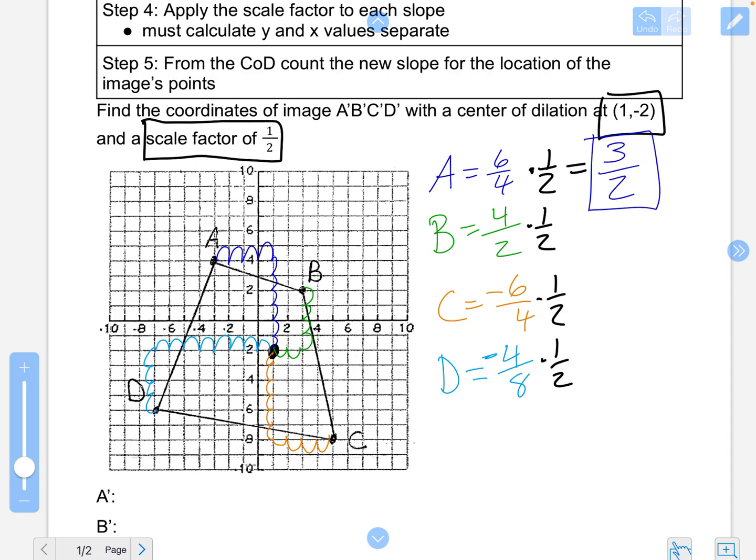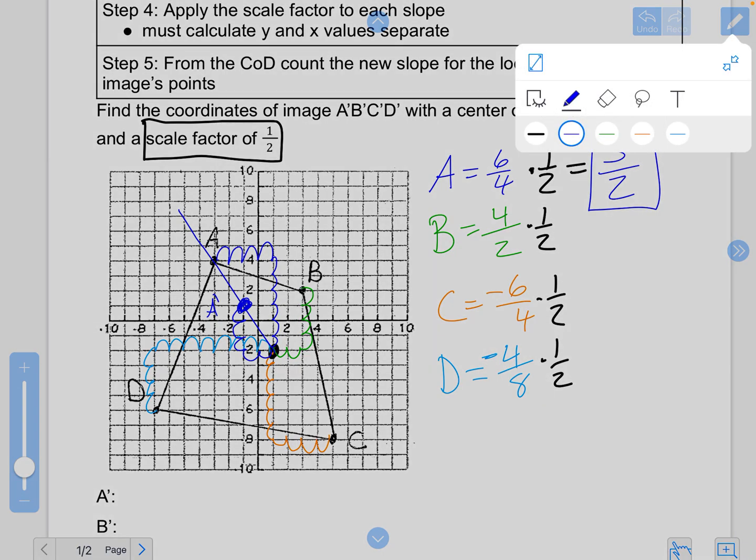So I'm going to count from the center of dilation. I'm going to go over 2 and up 1, 2, 3. And so this right here is now A prime. If I were to draw a line, a linear line, it should go through all 3 points: my center of dilation, my A prime, and my A original.